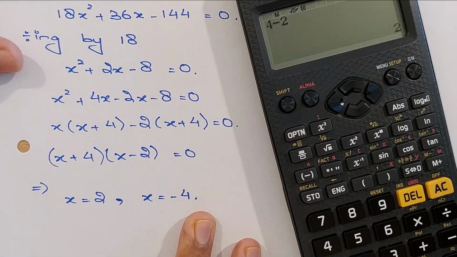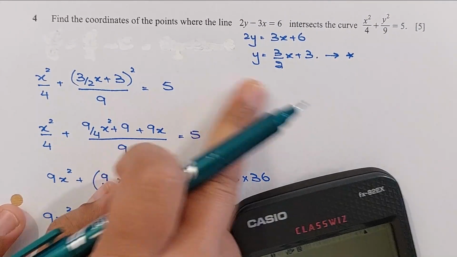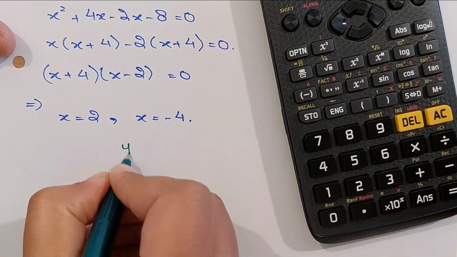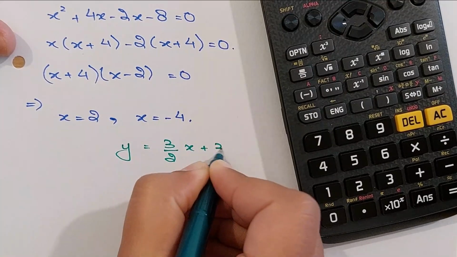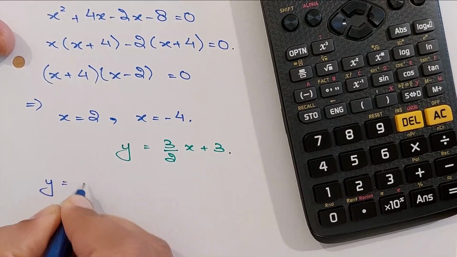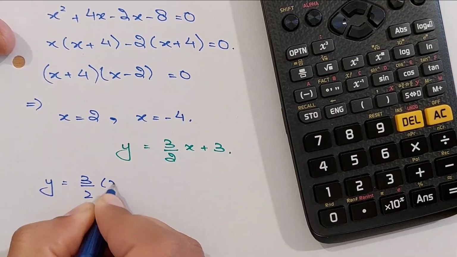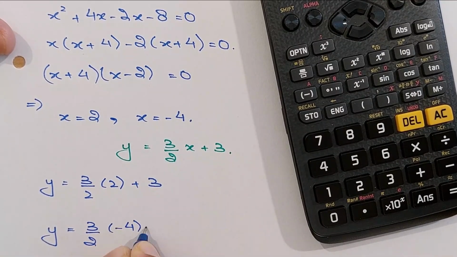Now we can find the corresponding y values, and from equation star we have y equals 3 by 2x plus 3, right? So the first is y equals 3 by 2 times 2 plus 3, and the second y equals 3 by 2 times minus 4 plus 3.